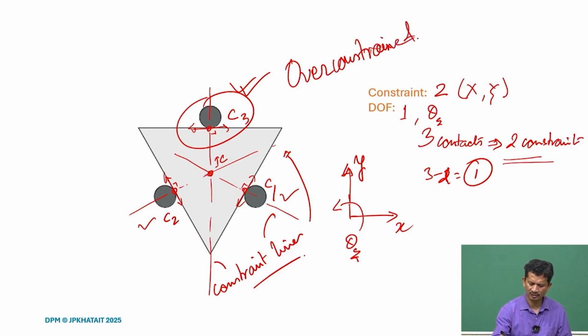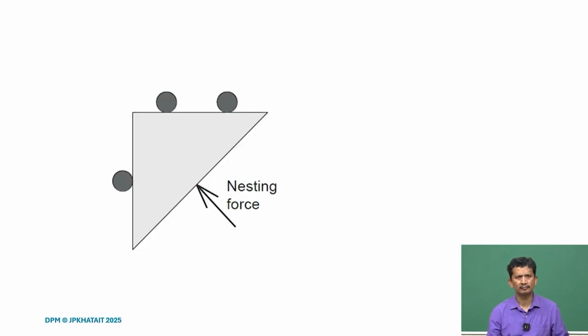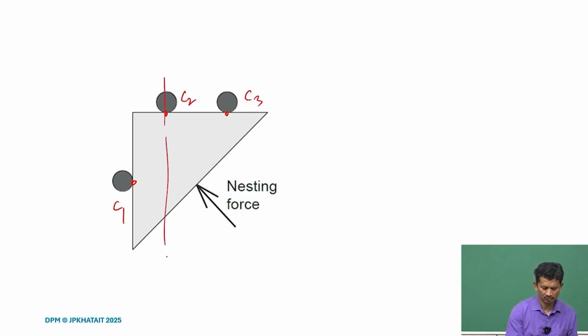Over constraint. So, take another example. I think it is very similar to one of the cases we discussed, C1, C2, C3.